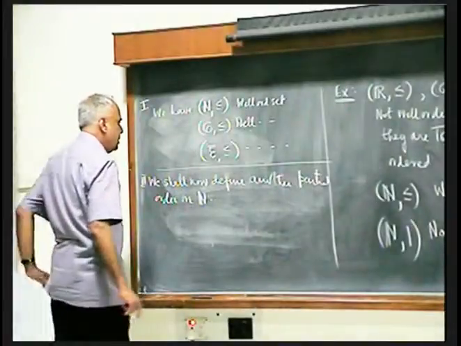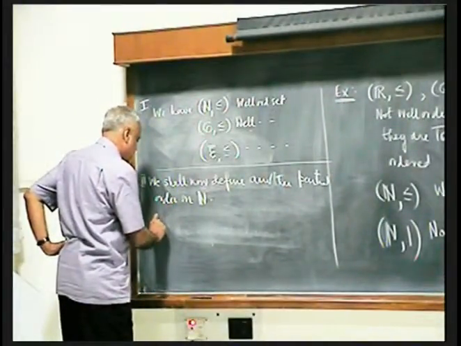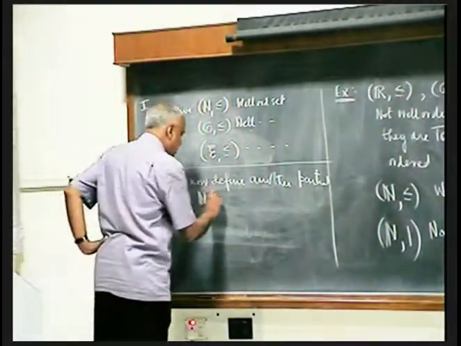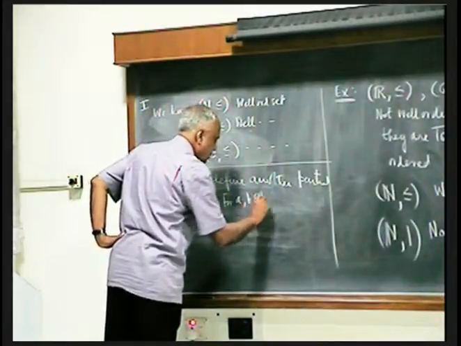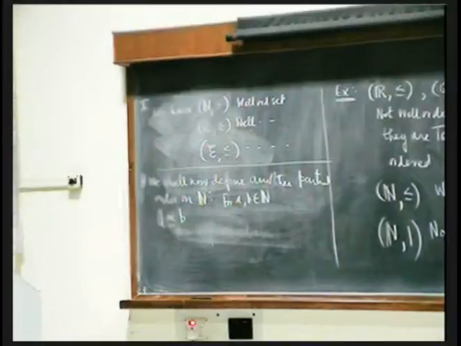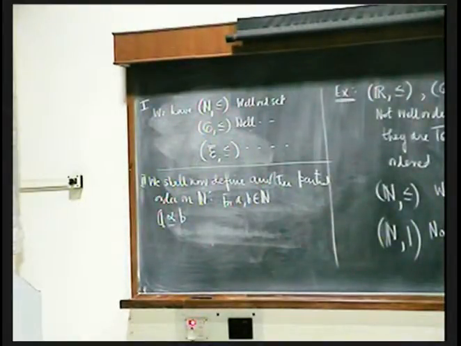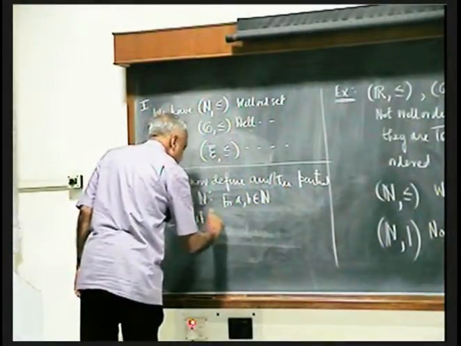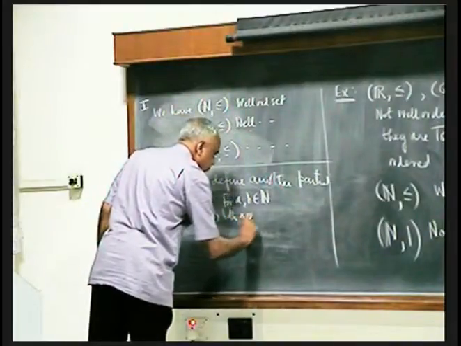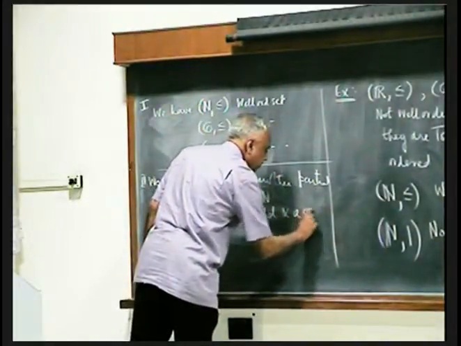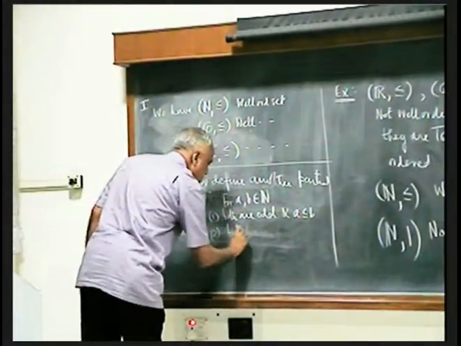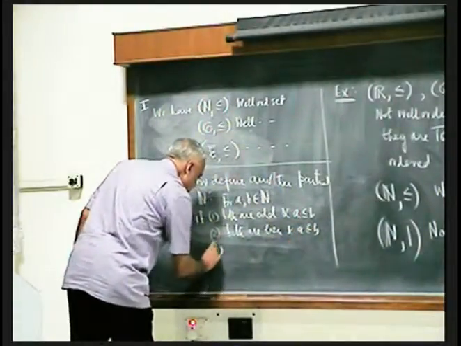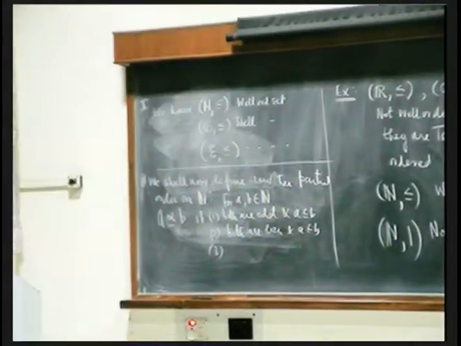And it goes like this. We define A precedes B for A, B in N. Suppose I have to take any two natural numbers, then I say A precedes B if any one of these conditions happens. 1, both are odd and A is less than or equal to B. 2, both are even and A is less than or equal to B. Now, if one of them is even and one of them is odd, these are the only possibilities.